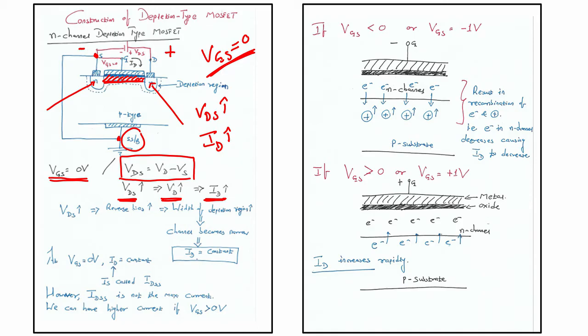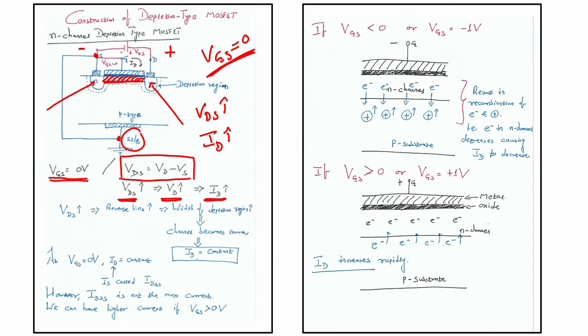But in the case of the enhancement type, when VGS equals 0, even on increasing VDS, we were not able to find any drain current because there was no channel between source and drain. Easy. So in the case of the depletion type MOSFET, when we apply no gate to source voltage, gate to source voltage is 0, and we increase VDS, we can see a corresponding increase in current ID.